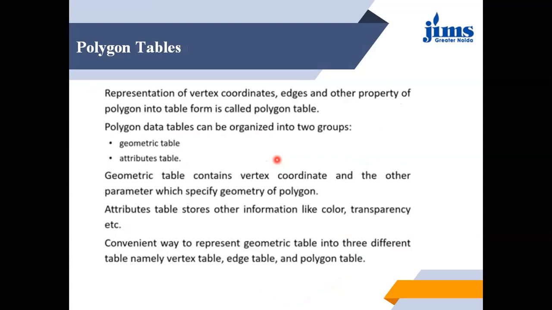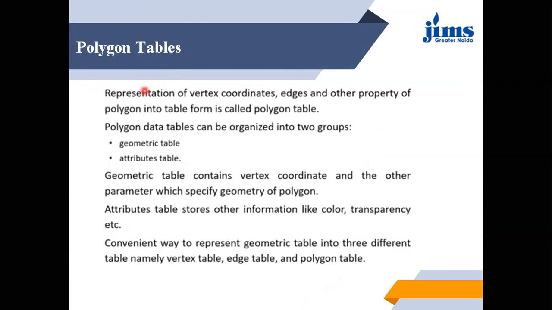As the name suggests, this is a table. Those related to a polygon store the characteristics or details of a polygon. As we say, a data table means a table that contains some data.